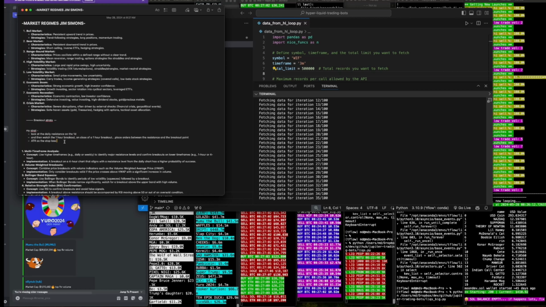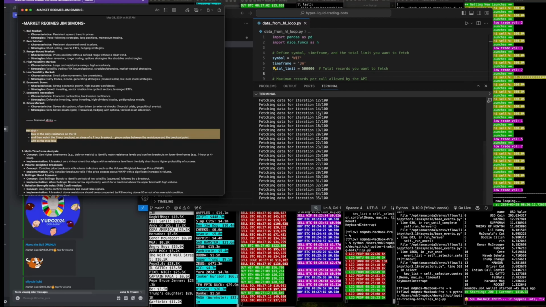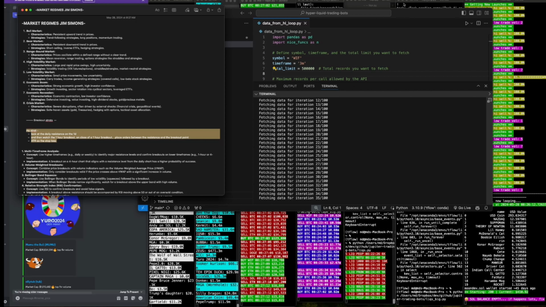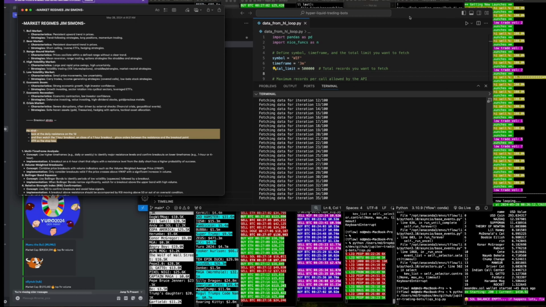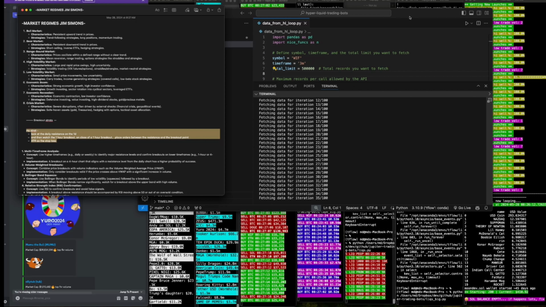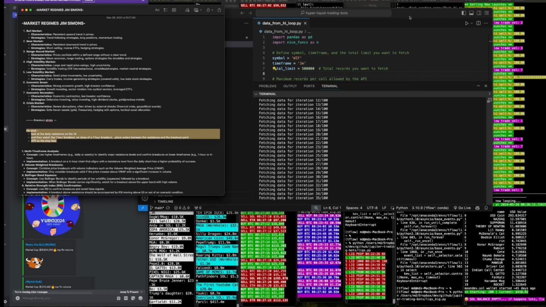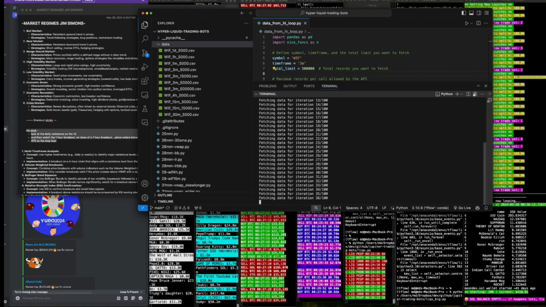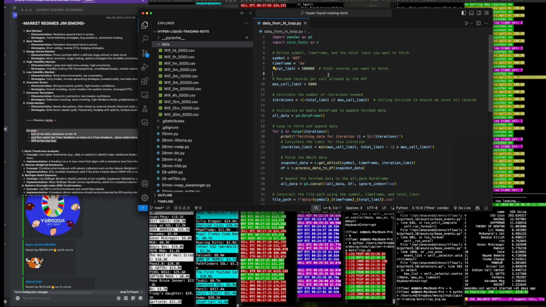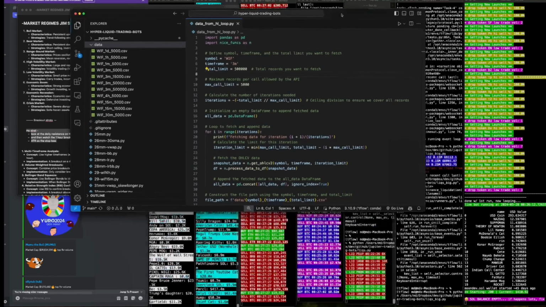Let's see if we can get a backtest going while this is getting all the data for us, because this is going to be on the 3 minute. But that's not going to be good, actually. It's not what we want. We want the 1 hour data. So I'm going to pull this, and I don't want WIF. WIF is an outlier. I want to get something more regular.